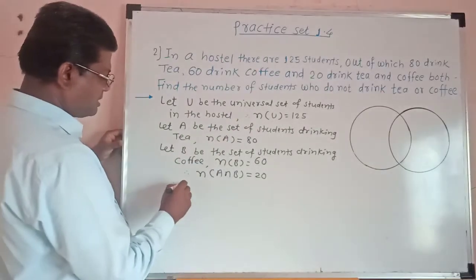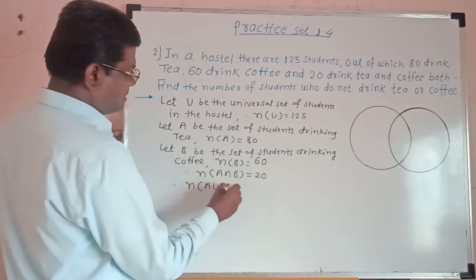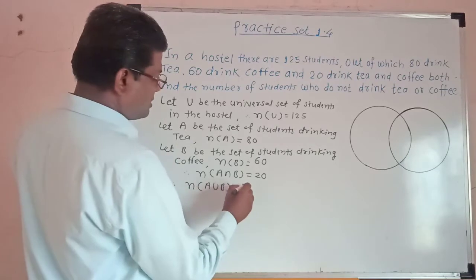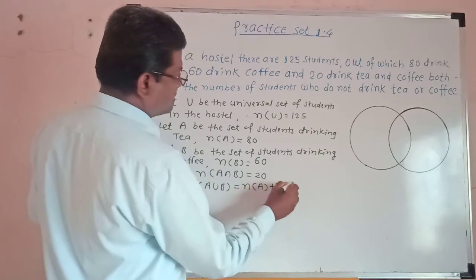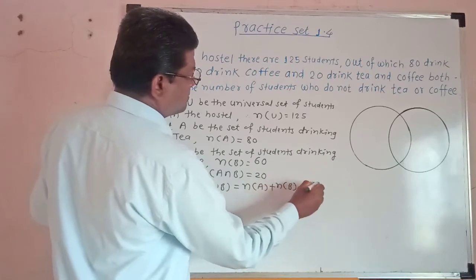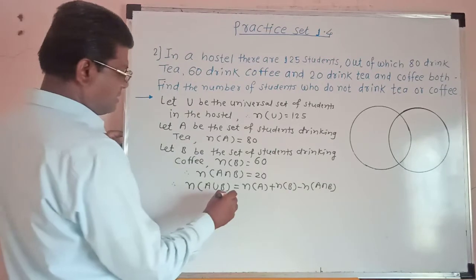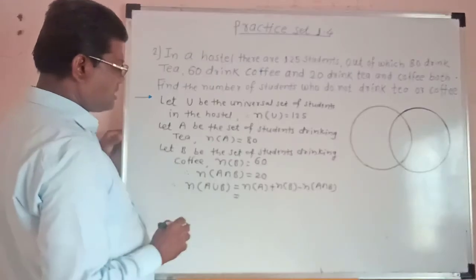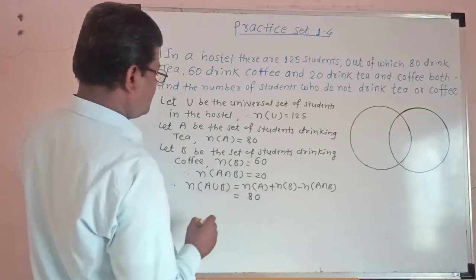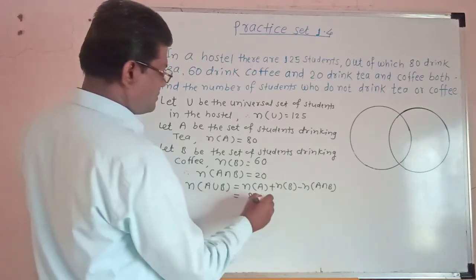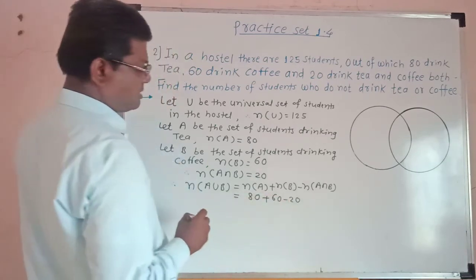Then we have a formula: n of A union B is equal to n of A plus n of B minus n of A intersection B, which is equal to 80 plus 60 minus 20.